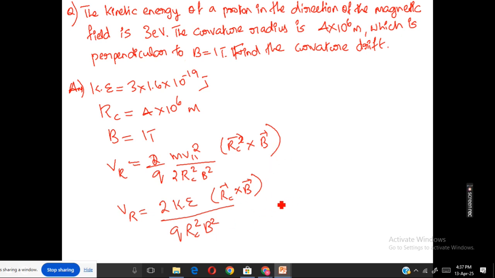So it will become 2 into kinetic energy by q RC square B square into RC B sin 90. What is the value of sin 90?